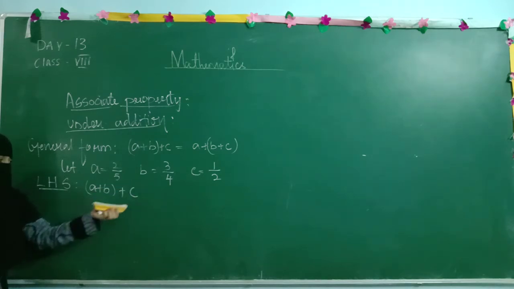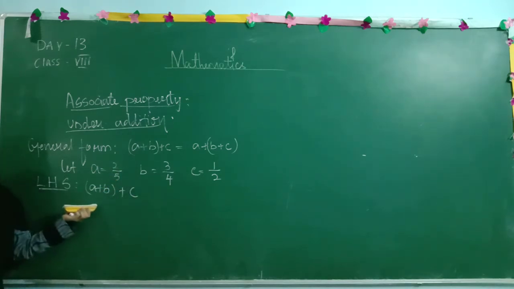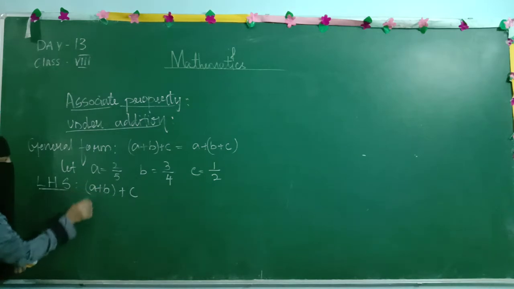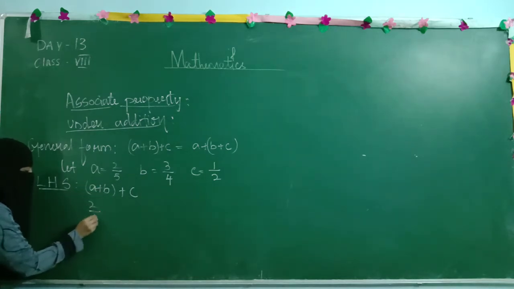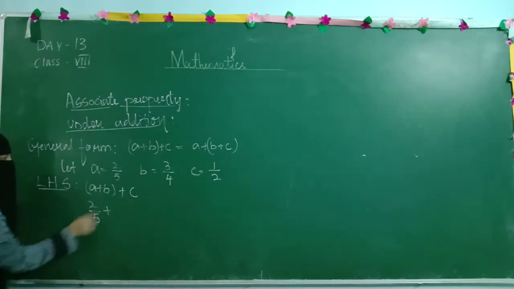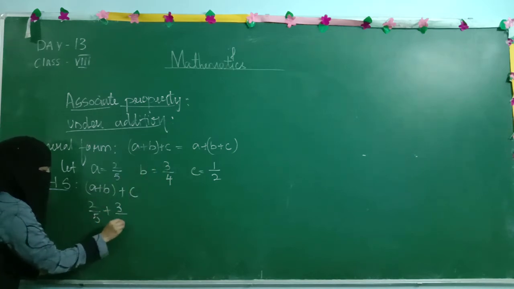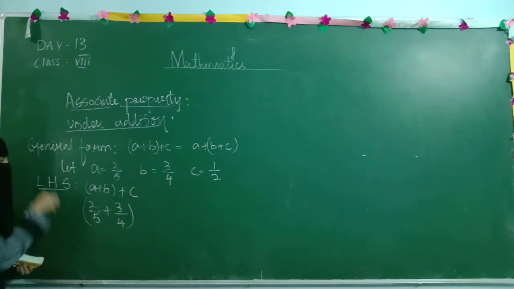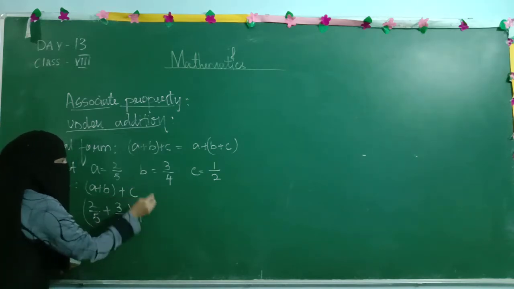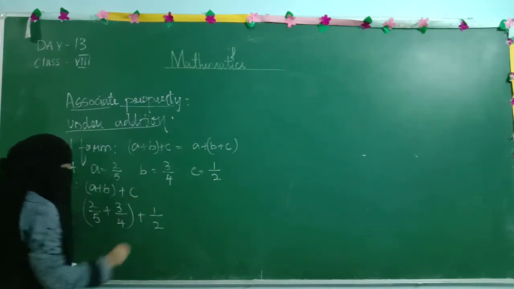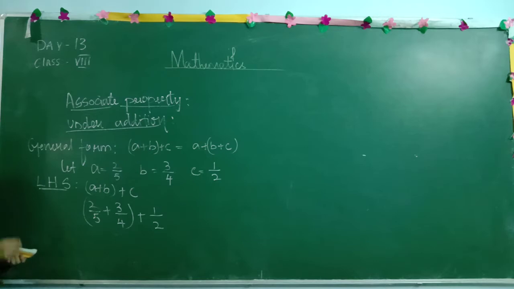Now we are going to substitute these numbers in this form. So 2 by 5 plus, what is the value of B? Yes, 3 over 4, and we are going to put a bracket on them, plus the C value is 1 by 2. Now we are confused.